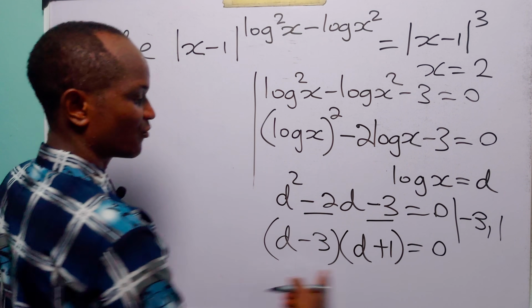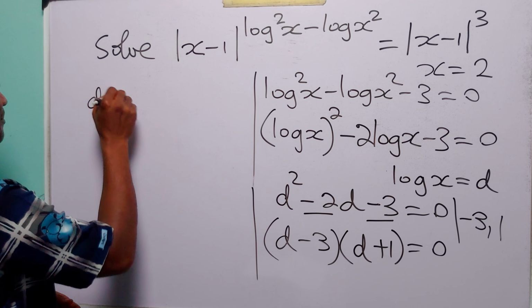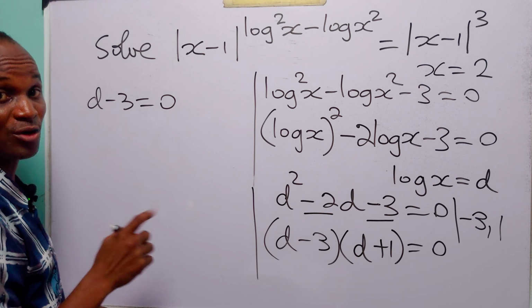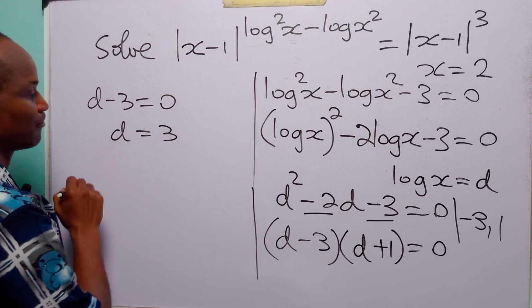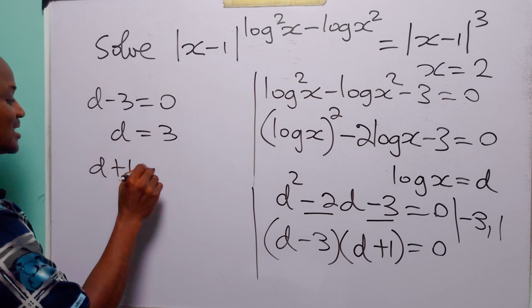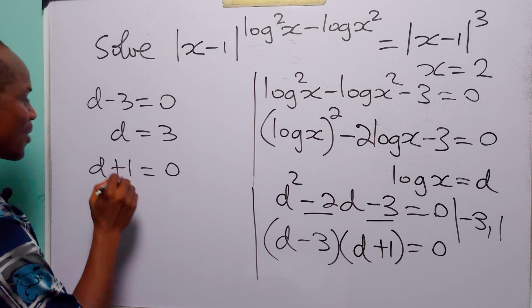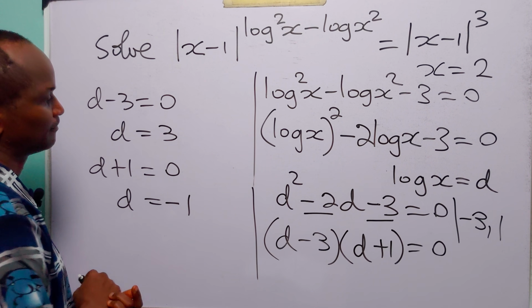And once more, from this equation, we have that either d minus 3 is equal to 0, from where d is equal to 3, or d plus 1 is equal to 0, from where d is equal to minus 1.